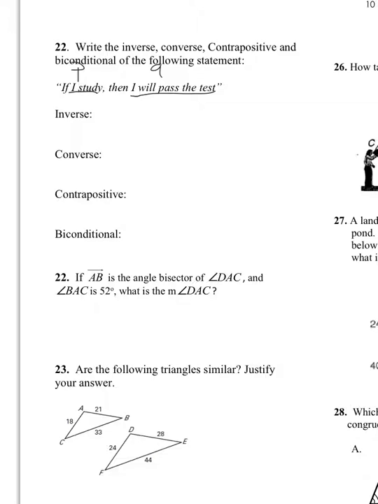So each of these inverse, converse, contrapositive will change the order and do some different things to them. So let's see if we can get some text writing in here. So inverse, first off, is a negation. All right, you keep the same order of hypothesis first, conclusion second, but it becomes negative.